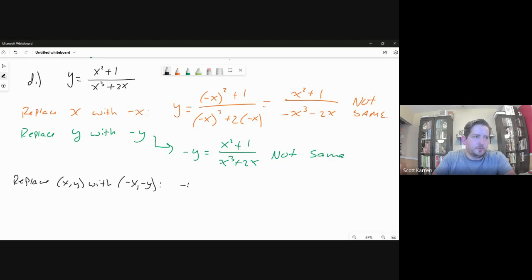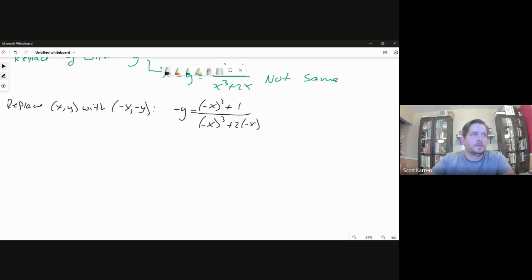So that's negative y now equals negative x, that gets squared, plus 1, all over negative x to the third plus 2 times negative x. On the left-hand side, that's just negative y. On the right-hand side, that negative x squared becomes x squared plus 1. And then the negative x to the third is negative x to the third, and then minus 2x.